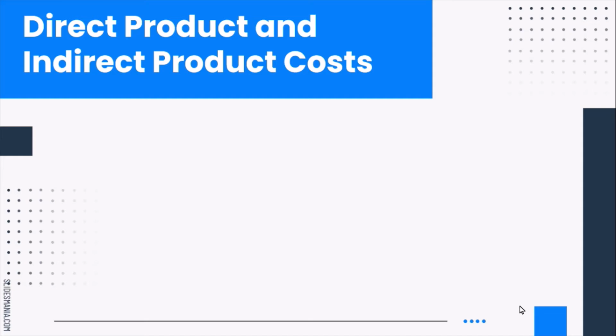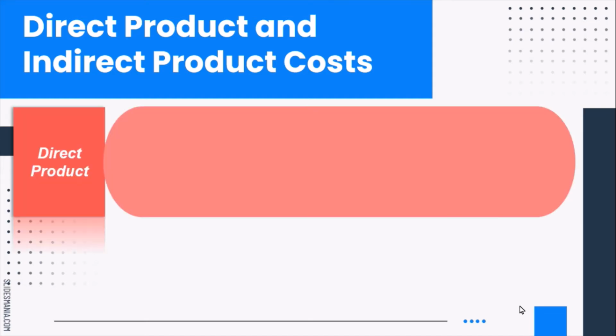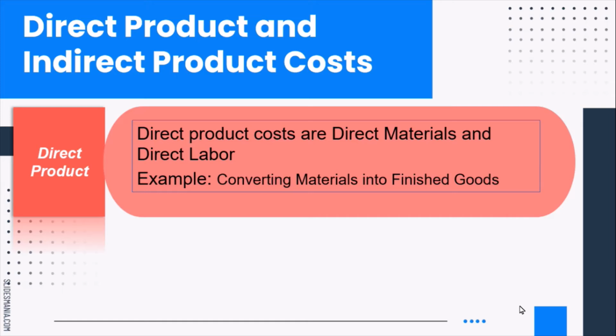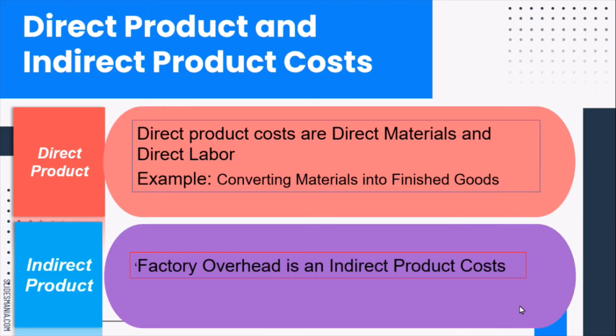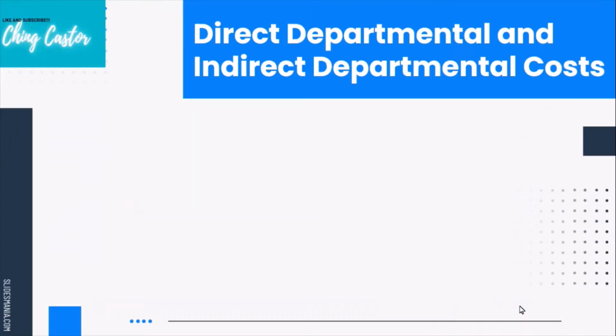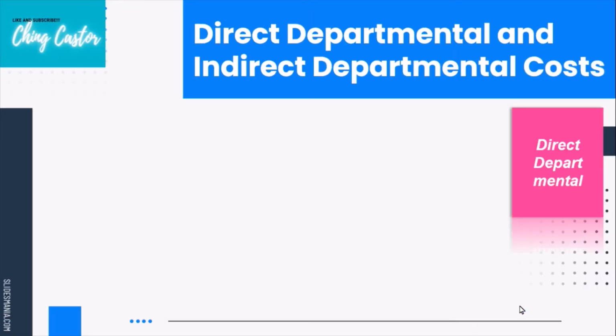So, direct product and indirect product costs. Direct product are direct materials and direct labor. So, example, you need to convert materials into finished goods. Indirect product are factory overhead. So, they are indirect product costs. Direct departmental and indirect departmental costs.